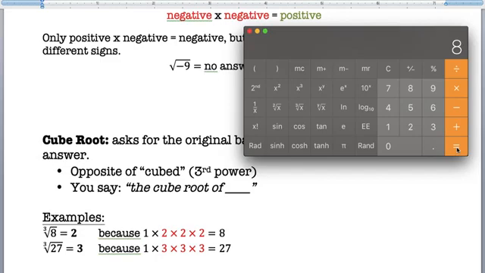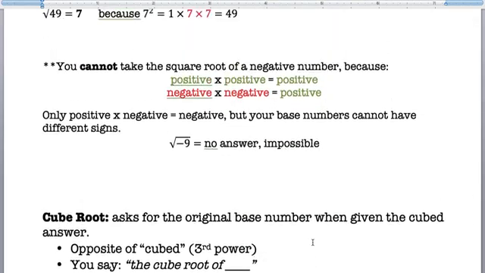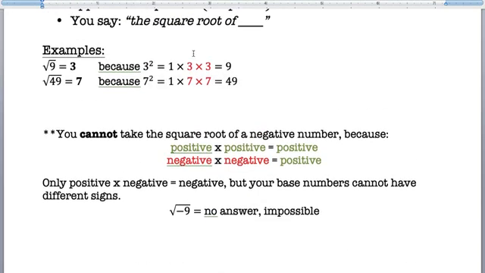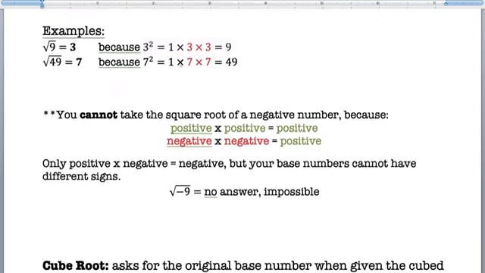So that answer is 2. The cube root of 27 is 3, because 3 times 3 is 9, times another 3 is 27. So 3 had to multiply by itself 3 times in order to get to 27. So that's the difference: square root is only twice to get to the answer, and cube root is 3 times to get to the answer.